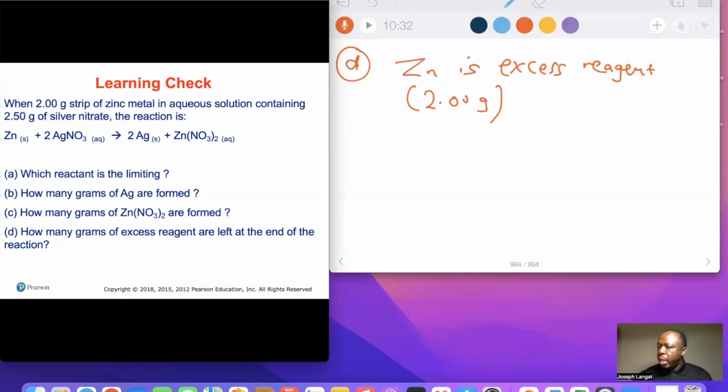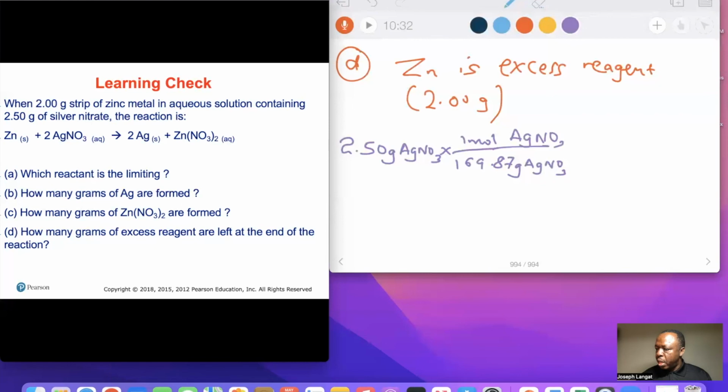So at the outset, this is how you will start off, because this is our limiting reagent, silver nitrate. Let's find the number of moles using its molar mass. This is 169.87 grams of silver nitrate, AgNO3, per 1 mole of silver nitrate.